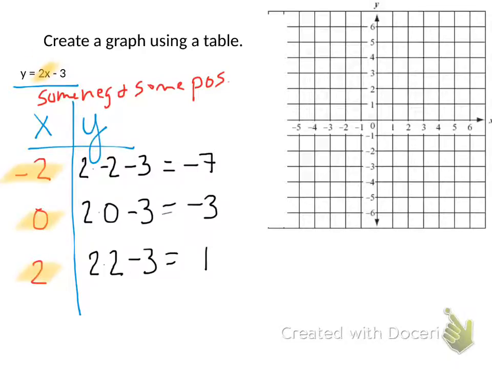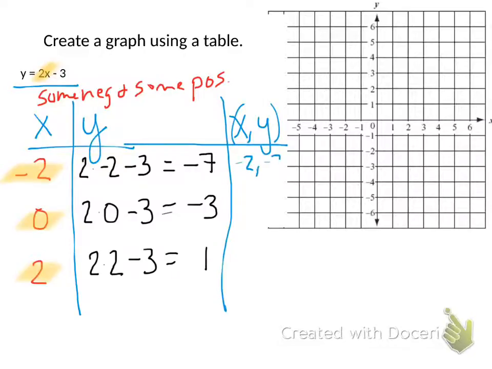Now we have our ordered pairs. Remember, ordered pairs go x, comma, y. So I'm going to make a quick list of my ordered pairs so you recall. I've got -2, comma, -7. That's my x value and my y value. I've got 0, -3. And I've got 2, 1. When you're graphing, remember you're going to go to the x first. That's your horizontal.